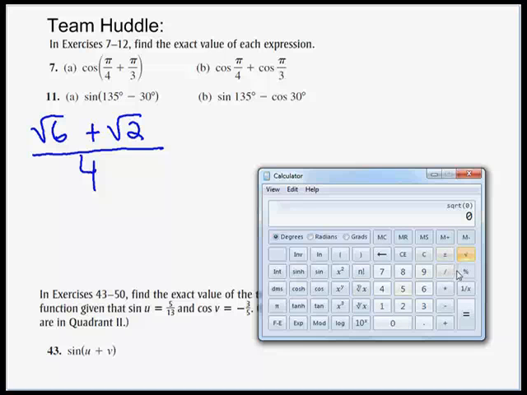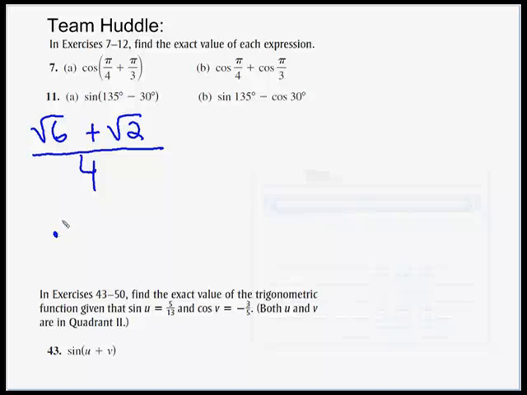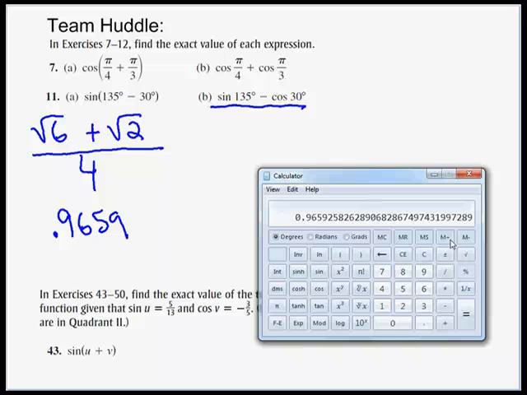The square root of 6 plus the square root of 2, equals, and then we're going to divide that by 4, and we get 0.9659.